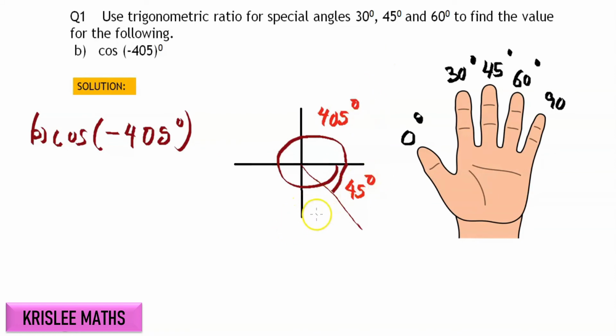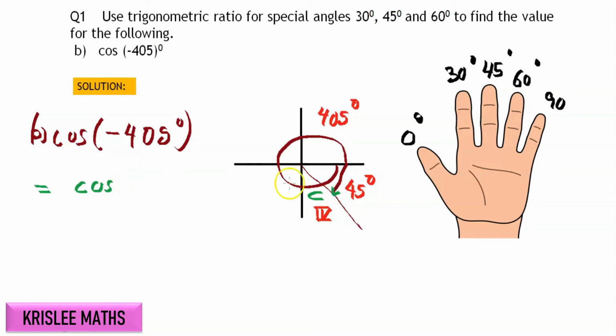Okay, and you are in the 4th quadrant now. In the fourth quadrant, cos will be positive. So cos negative 405 equals, it is positive because we reach quadrant 4.